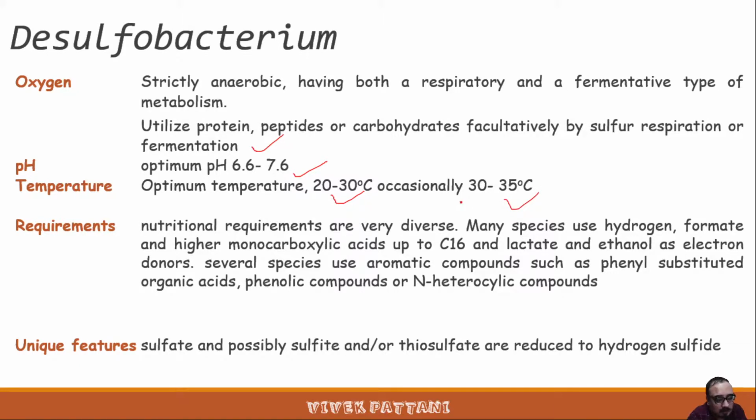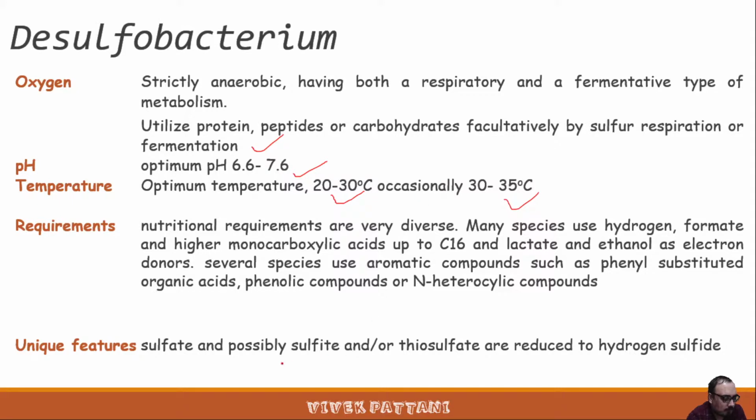Nutritional requirements of Desulfobacterium are very diverse. Many species use hydrogen or formate, higher monocarboxylic acids up to C16, lactate and ethanol as carbon donors. Several species use aromatic compounds such as phenyl-substituted organic acids, phenolic compounds or N-heterocyclic compounds.